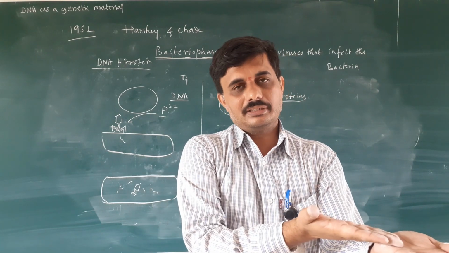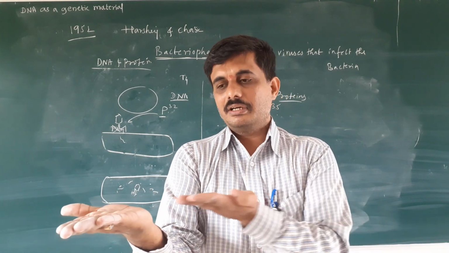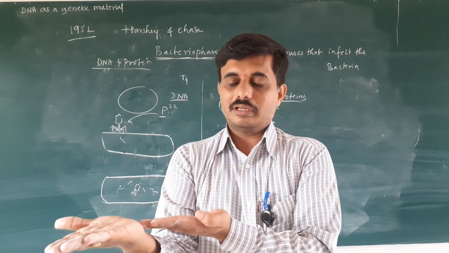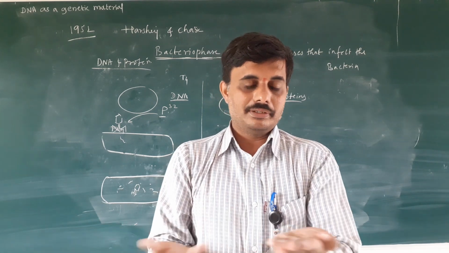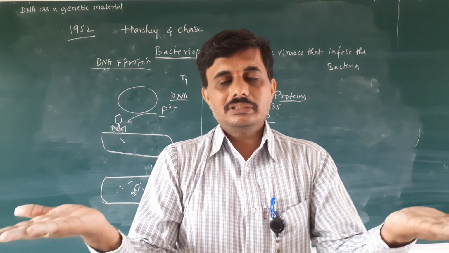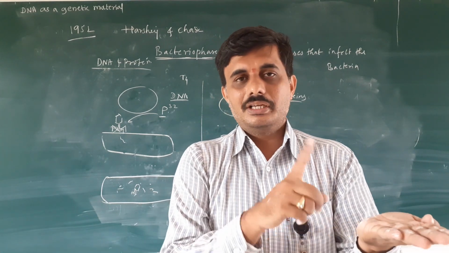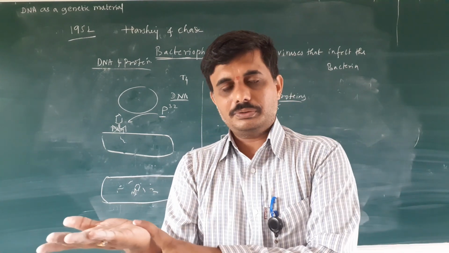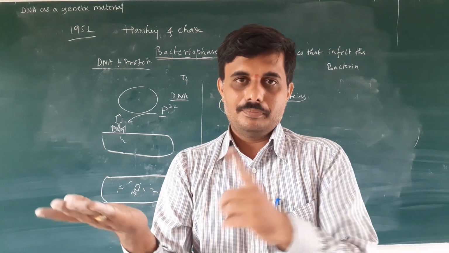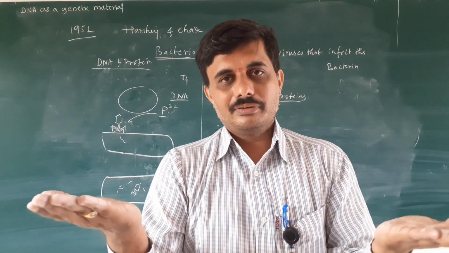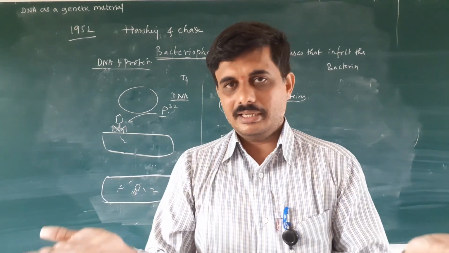One medium contained the radioactive element sulfur 35, the other the radioactive element phosphorus 32. This is the idea, because sulfur is not present in the DNA and phosphorus is not present in the protein, and the bacteriophage has only two things, DNA and protein.